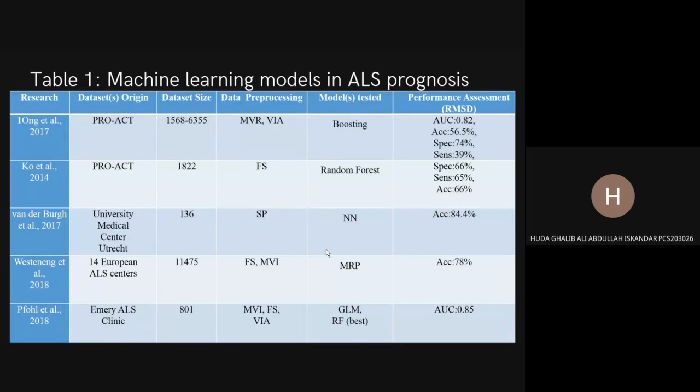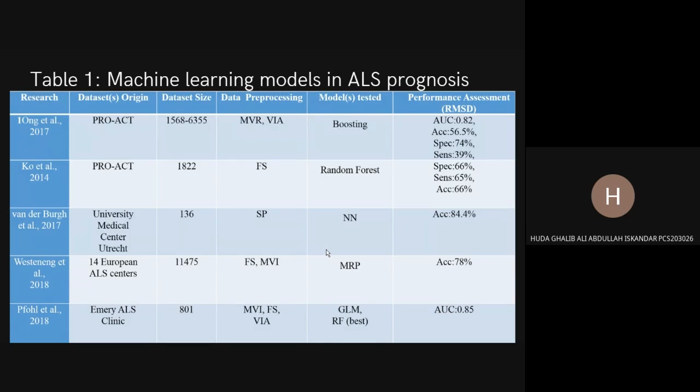As we can see, some of these researches range from 2014 to 2018. The datasets adopted in this research were the PROACT database and a real-life database. Dataset size ranges from 136 to 6,000 records according to the adopted model or method.